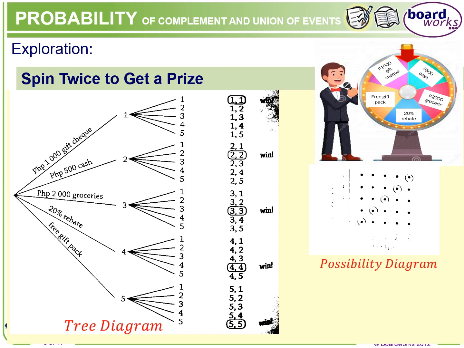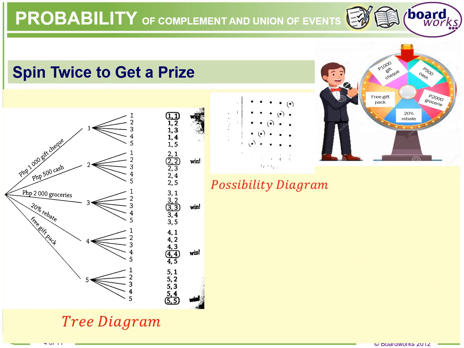Hence, the probability that the spinner stops on the same sector twice is the probability of the favorable outcome over the possible outcomes, which is equal to 5 over the total outcomes, which is 25, and that is equal to 1/5. So a shopper has 20% chance of taking home a prize. Where did we get 20%? That is 1 divided by 5, that is 0.2, times 100%, that is 20%.